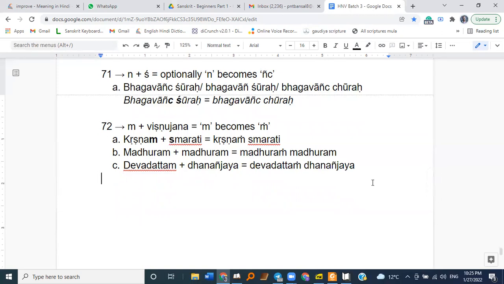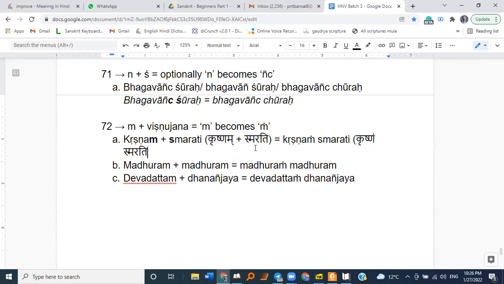And plus, Prabhuji, here in Krishnam, the Ma will be Halanta in contrast to normally being a Vishnu Chakra. Yes, so if we write it like this, Krishnam Smarati.